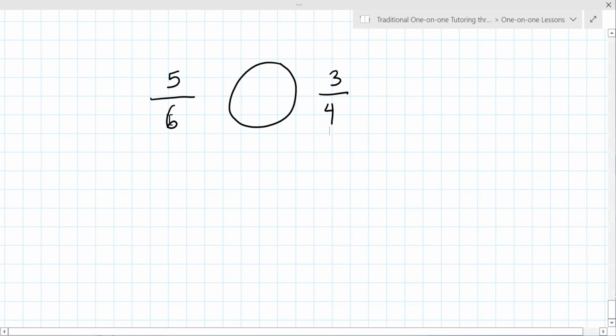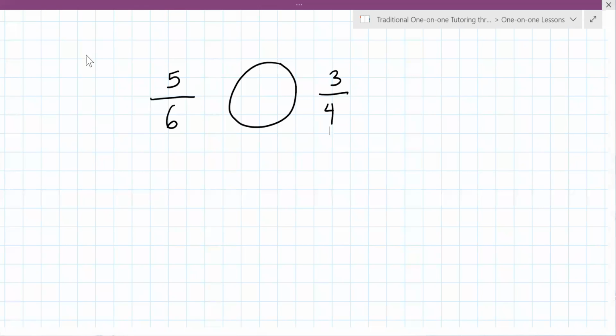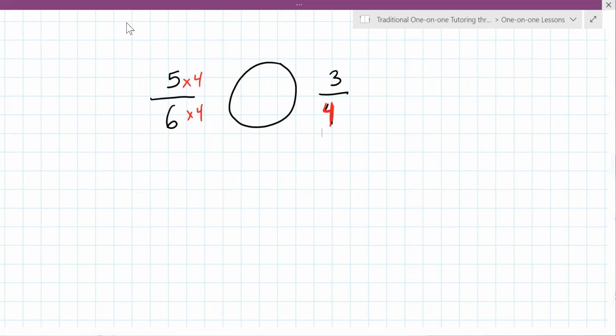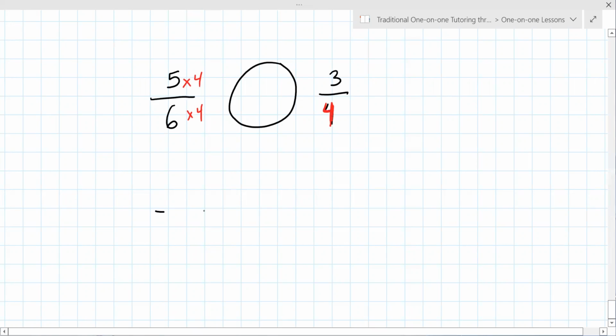So what should we multiply 5 and 6 by? 4. We're going to multiply them both by 4. Okay, what does that result in? 5 times 4 is 20, and 6 times 4 is 24.